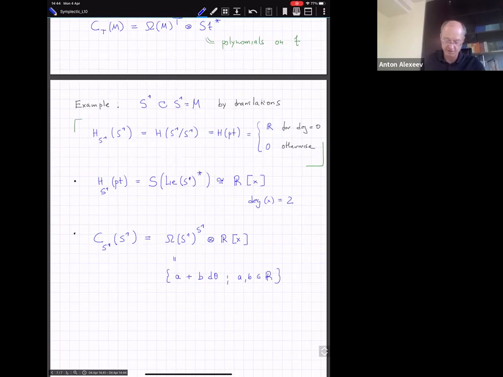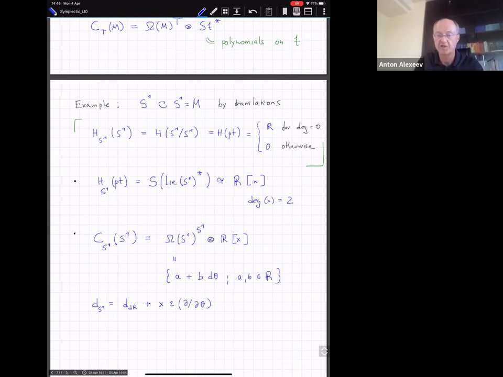Now, how does the Cartan differential act? The Cartan differential is d_dR plus X times the contraction with the fundamental vector field. Now there is only one, and it is d over d theta.